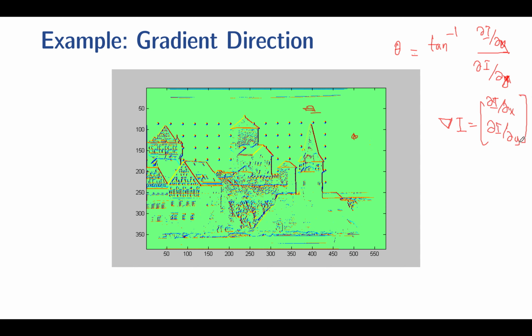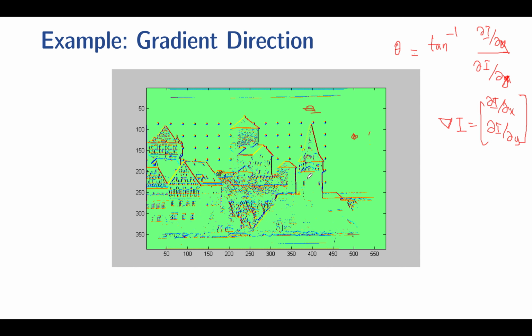You take the second value of the gradient, divide by the first value, and take arctan of that. Okay, so I got a bunch of numbers in degrees, and all of those where the gradient magnitude was not large, I just made green, and the rest I color coded as 0 to 360 degrees. I just used MATLAB's imagesc command really, and chose an appropriate color map.